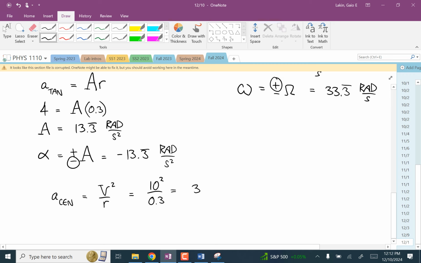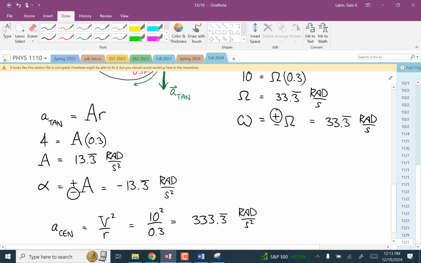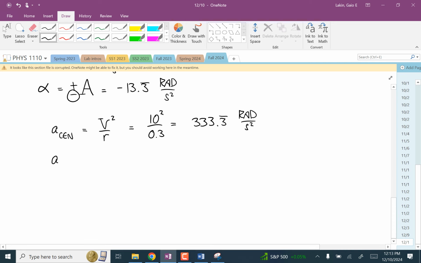So 333.3 repeating radians per second squared. We know from thinking about circular motion, it's in the negative x direction. So negative 333.3 repeating, 0 for y.